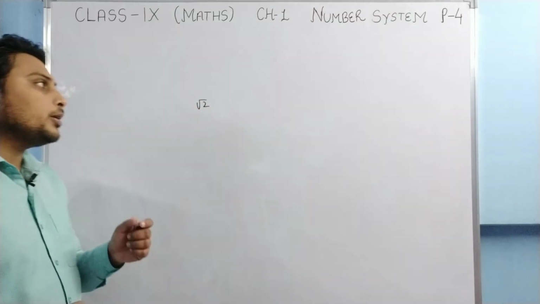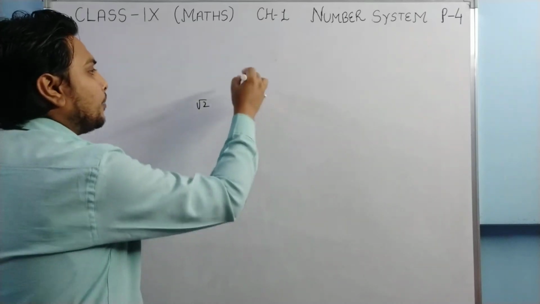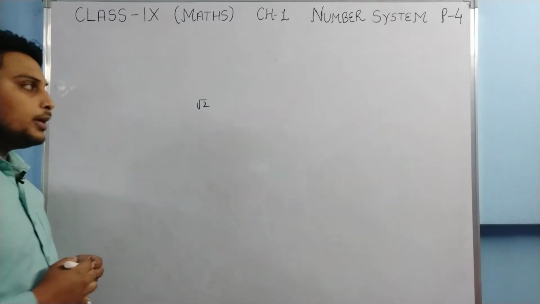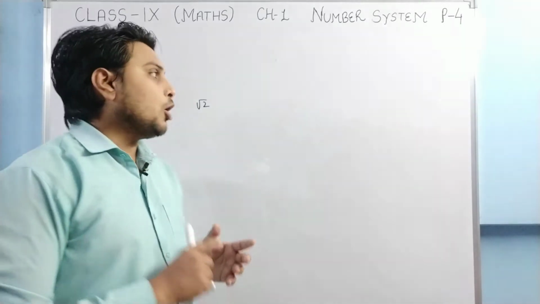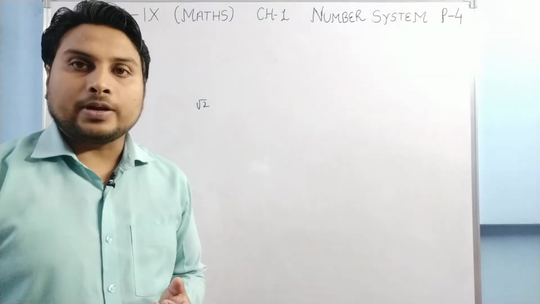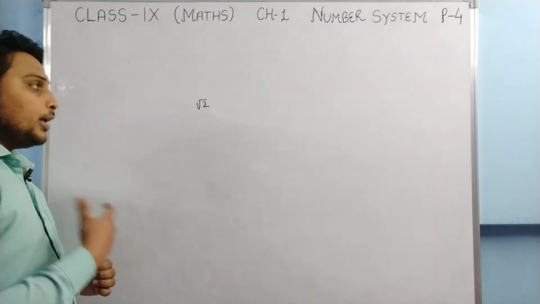We found the value of under root 2 by division method, and then we saw that the value of under root 2 is a non-terminating, non-repeating decimal. In this way we showed that it is an irrational number.